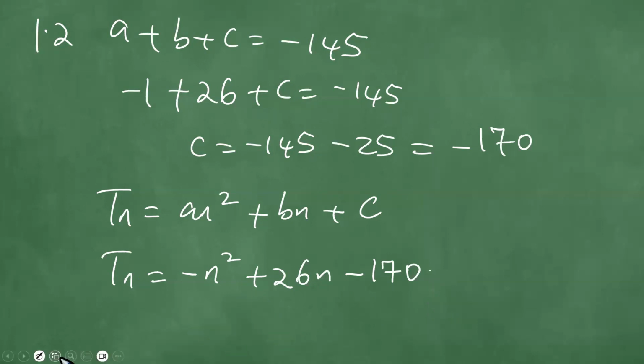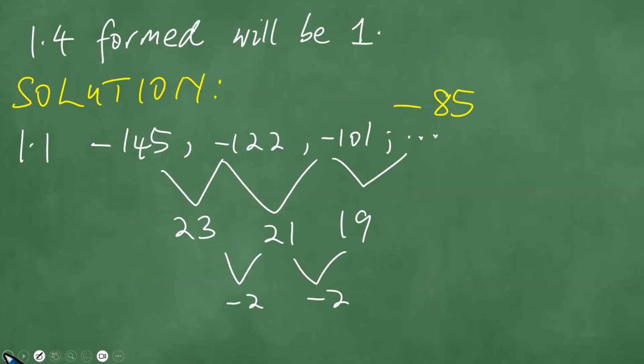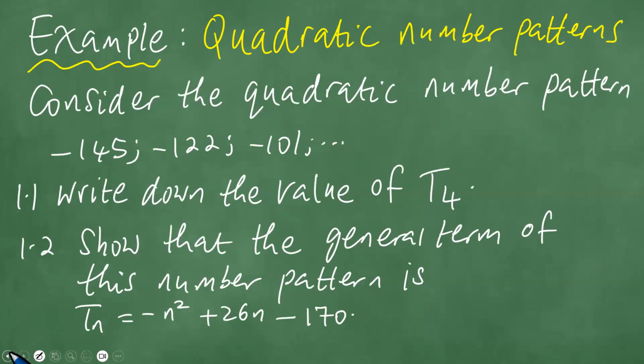So Tn is minus n squared plus 26n minus 170. The question said you have to show that the general term is minus n squared plus 26n minus 170. We've done that, we've shown this and we've proven it.